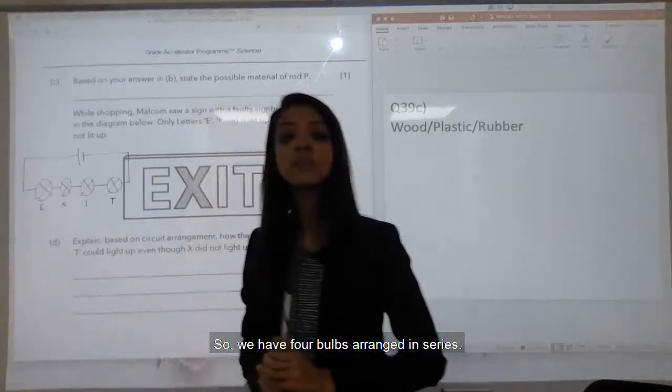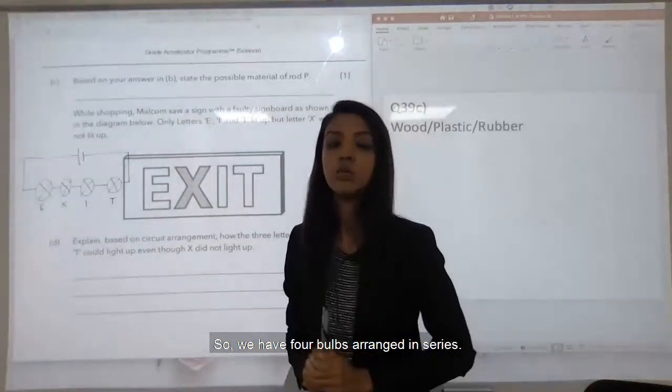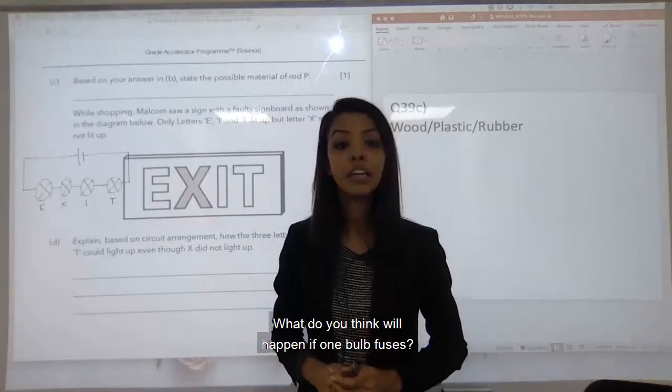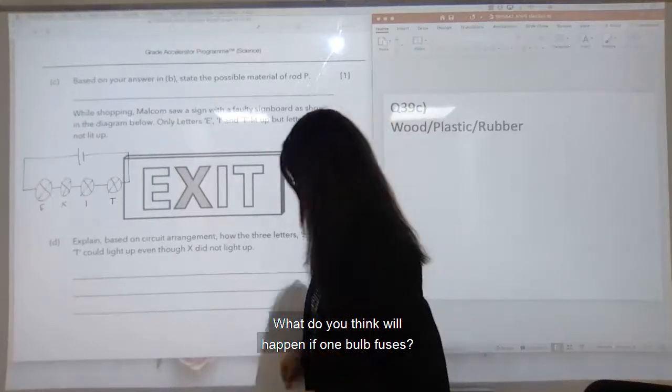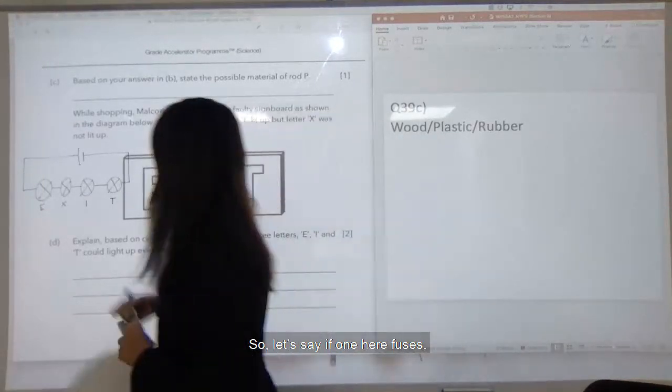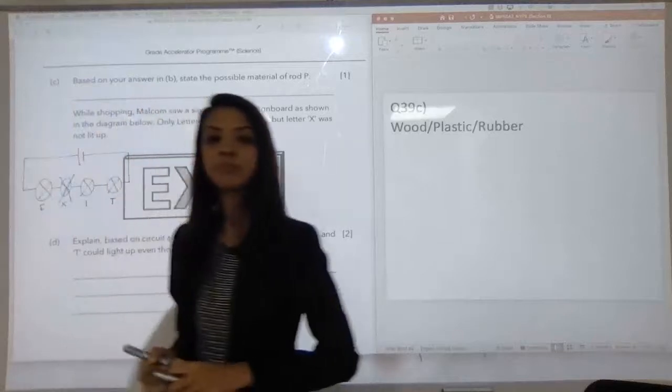So we have 4 bulbs arranged in series. What do you think will happen if one bulb fuses? So let's say one bulb here fuses.